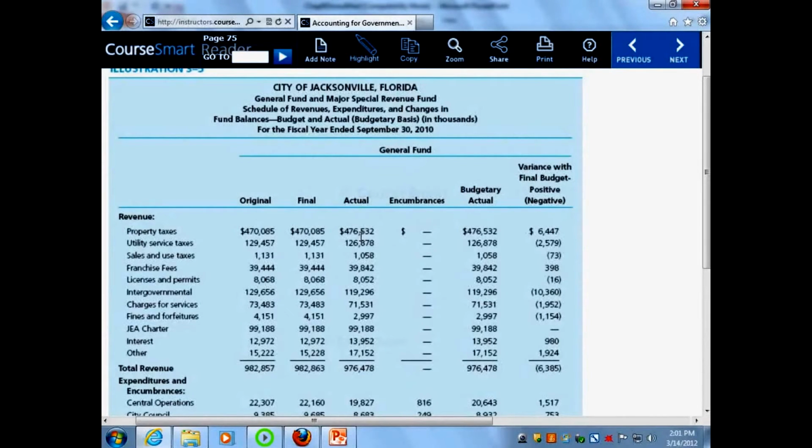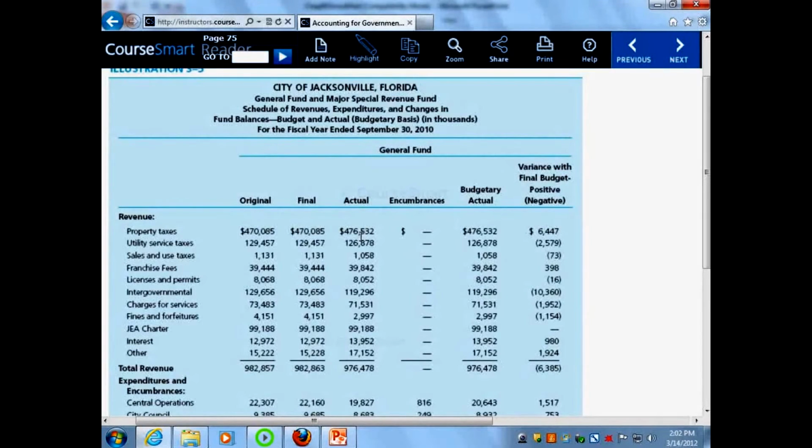The numbers are different in your book, but it's page 73 or 75 with a little number, okay? Notice the name of the statement: revenues, expenditures and changes in fund balance, budget and actual, budgetary basis.